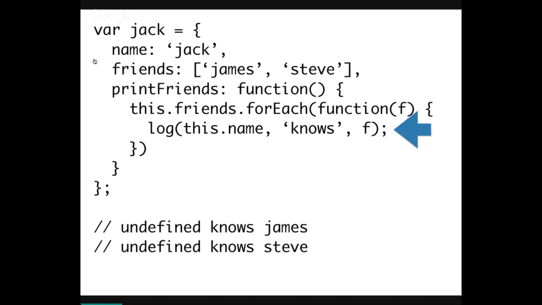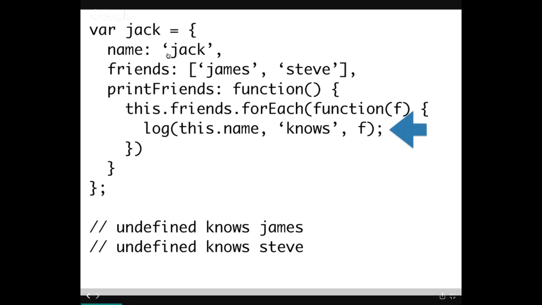And maybe I could even, I can't copy it from here, but if we're looking at what this code's actually doing, we're creating an object called Jack. And on Jack, we're putting three properties: name, friends, and a method that will print our friends. So these are just a string and an array.